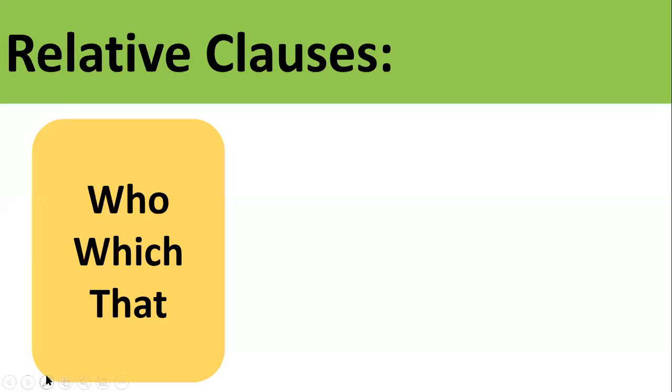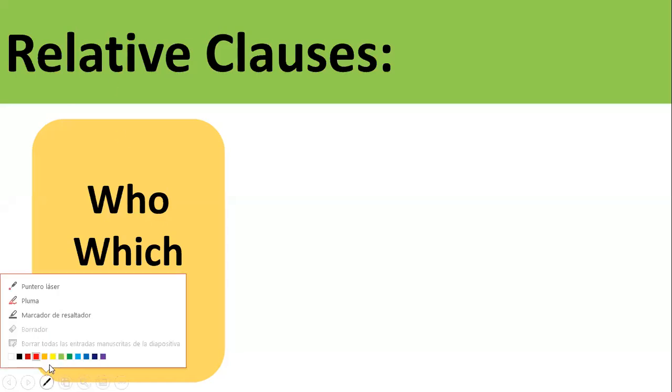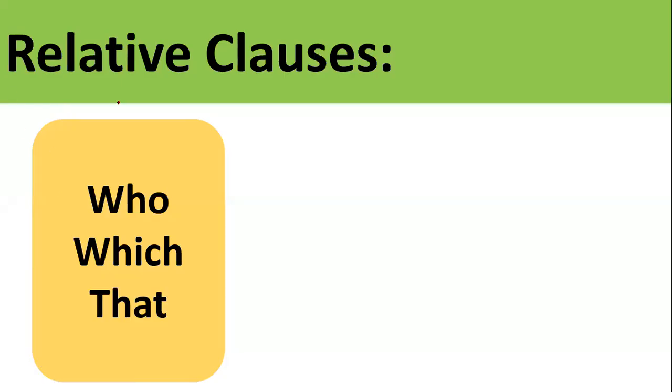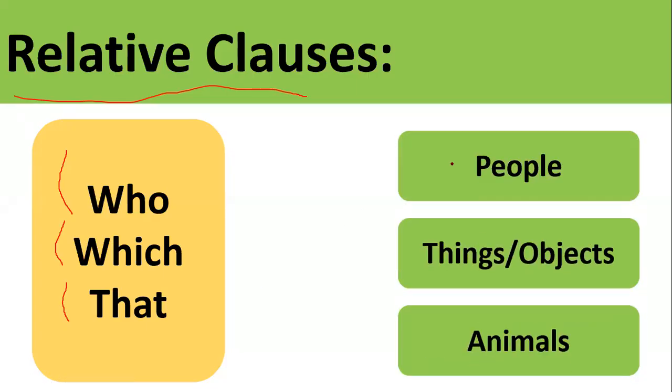Okay. So we're going to start with the relative clauses. We have who, which, and that. These are the 3 that we're going to focus on. For now, these are the only 3 we're going to practice and work with. Remember that I mentioned last week that each one of them can only be used for specific things.